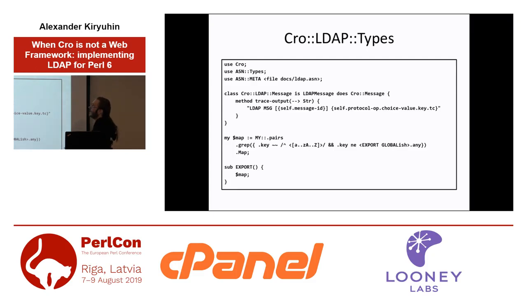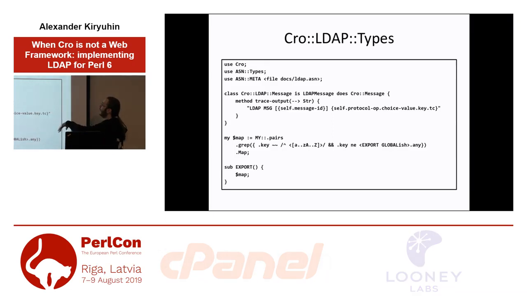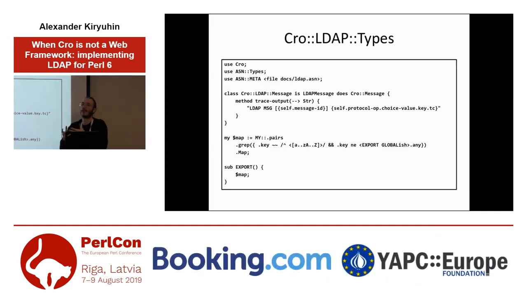And this third import statement is parameterized with a parameter. Actually, docs/ldap.asn, it is a file name, and during compilation, this file name is passed to the ASN meta model, and it reads this file, parses it, and compiles types for you and exports them. And it happens at compile time.